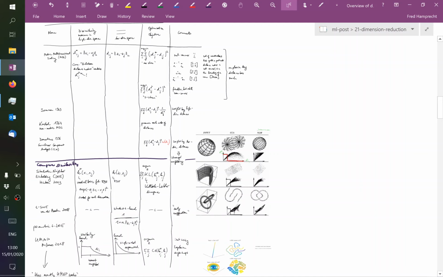I have many more famous methods that fit into this table, but no more time. But I hope that this will give you the intuition behind these methods. If you really had to use one today, I would start with PCA and then do UMAP next. Thank you very much. See you Monday.